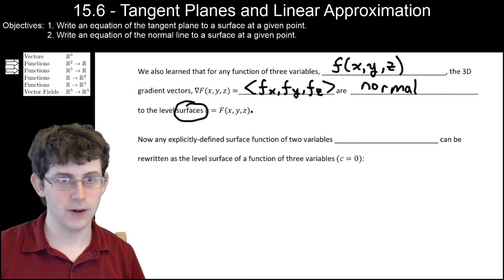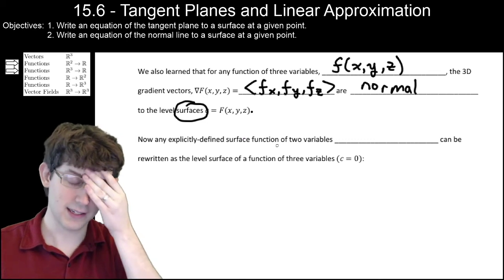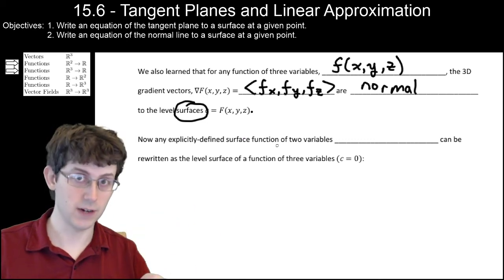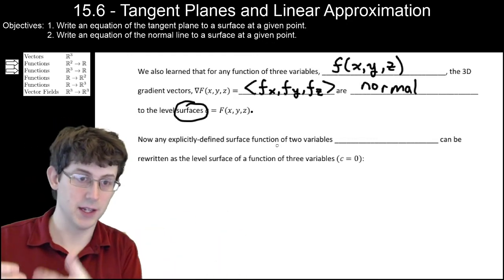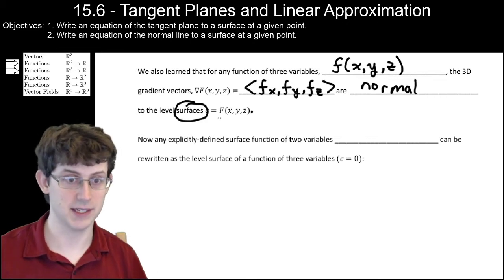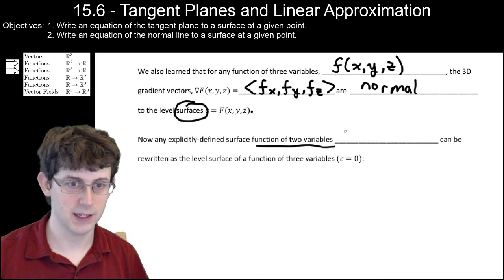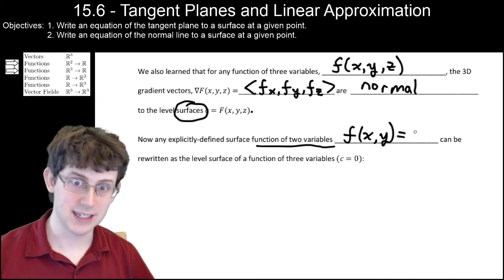Okay, now here's the main algebra trick that we're going to use in this section. It's the idea that you can switch between a function of two variables that defines a surface and switch it around to something called an implicitly defined surface, where we think of it as a function of three variables. So say you have a function of two variables, f of x y, and you're thinking of f of x y as the heights of a surface.